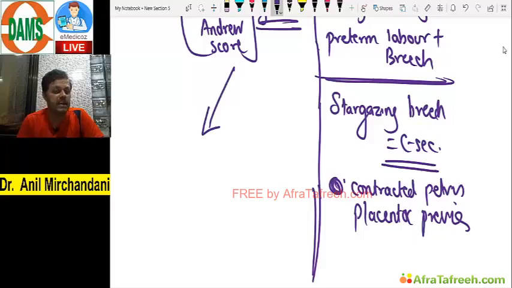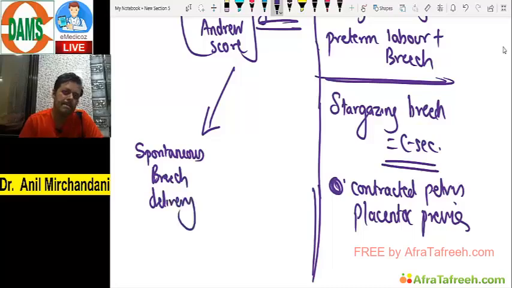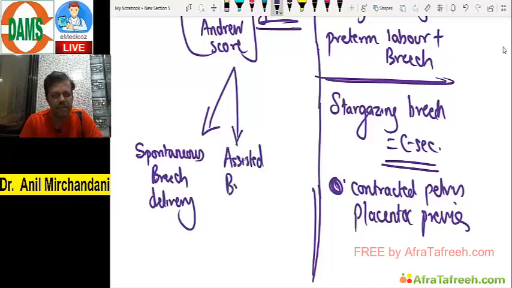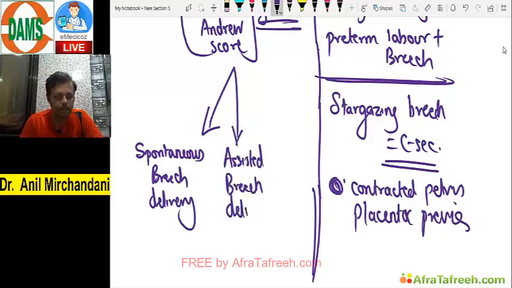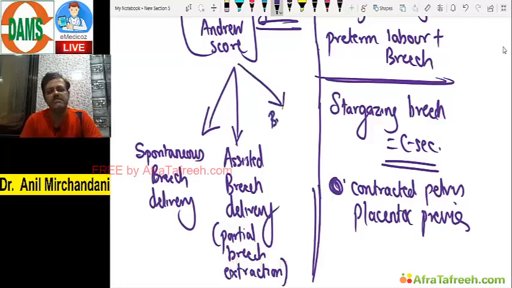If you are doing vaginal delivery, then remember it could be spontaneous breech delivery, then it could be assisted breech delivery, also called partial breech extraction, or it could be complete breech extraction, so total breech extraction.